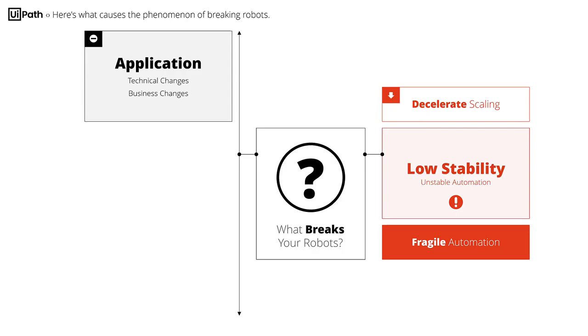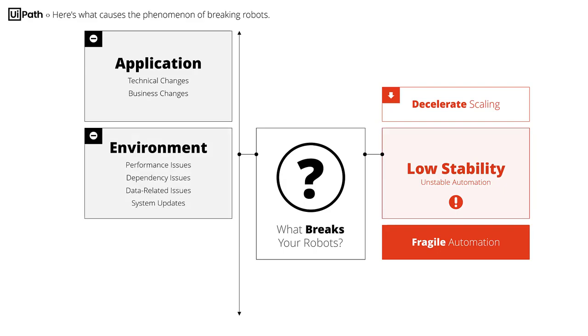And these changes are typically made by software development teams and include technical changes or changes in the business logic of the software applications. Now, we see that unstable automation mainly results from the fact that RPA teams all too often have a hard time incorporating these changes into their RPA in a timely manner, that is, before these changes are deployed to production. The second group of problems that causes bots to break is centered around environment issues.